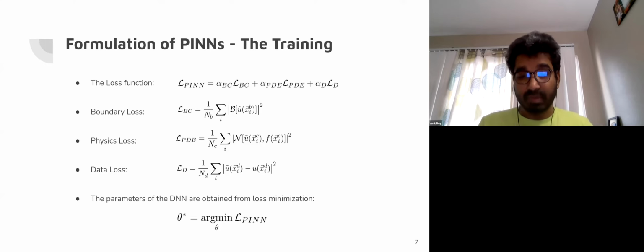So the parameters will be given by the choice that minimizes this loss function, and you can use standard optimization algorithms, for example stochastic gradient descent or ADAM, to calculate this backpropagation and eventually converge to a point where you have the right set of parameters that gives you a very reliable solution to the PDE.